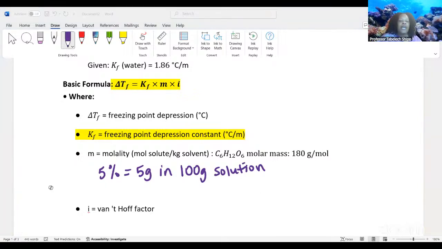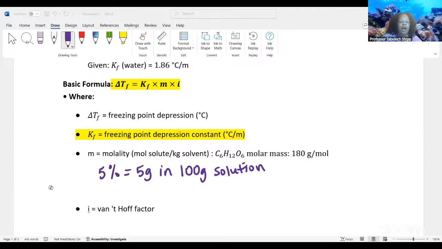Since we said 5 grams in 100 grams of solution, you're going to subtract those two numbers so that you can get the mass of the water. So you take 100 minus 5, and you get 95 grams. But you noticed here that the solvent has to be in kilograms.